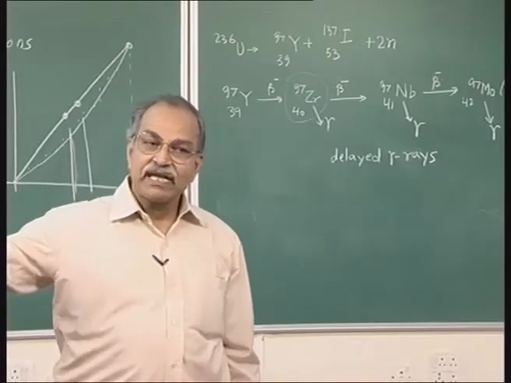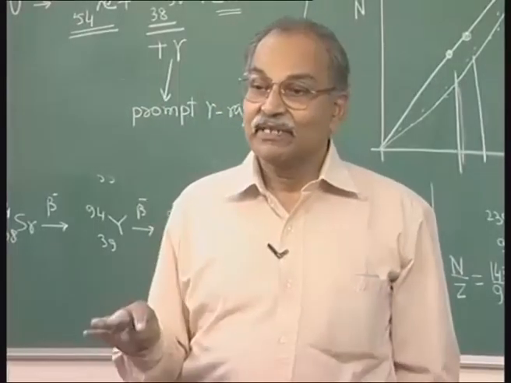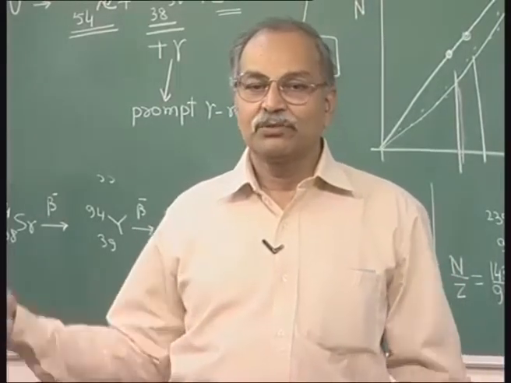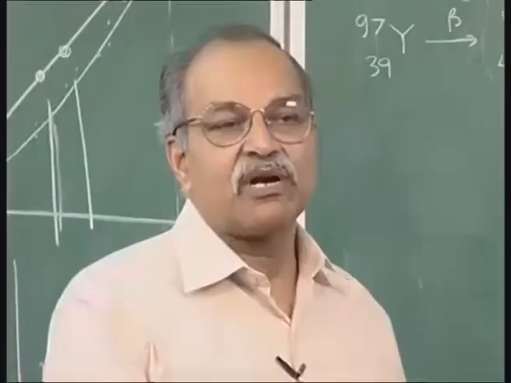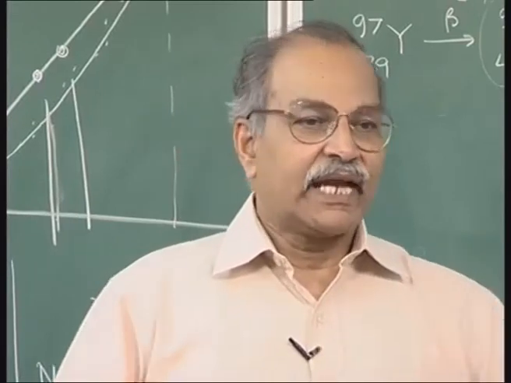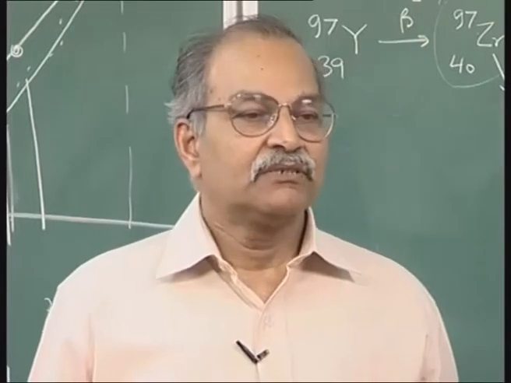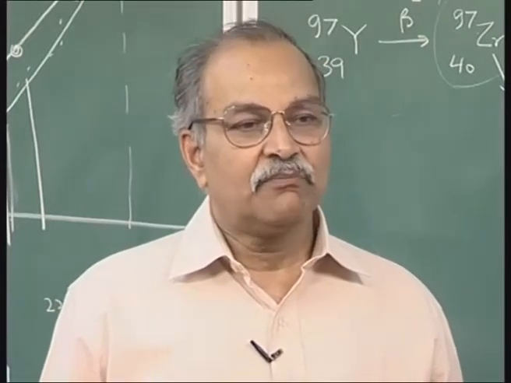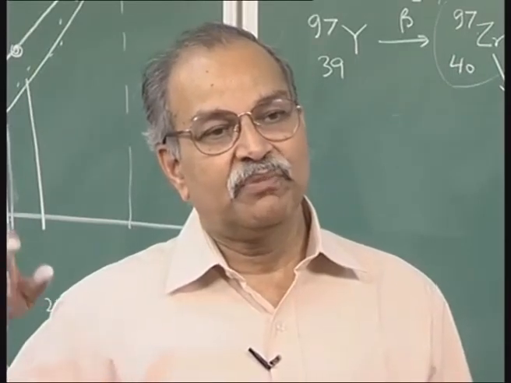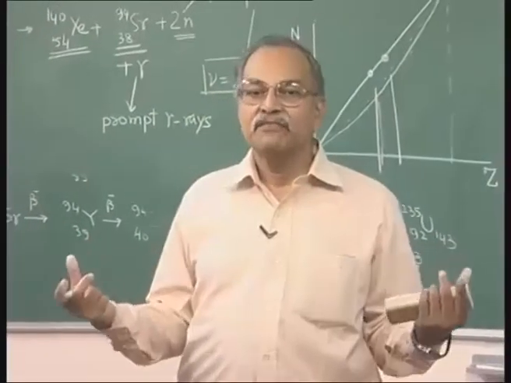So, you have prompt neutrons and delayed neutrons. Similarly, you have prompt gamma rays and delayed gamma rays. The total energy made available through this reduction of rest mass in the fission process is distributed, with the kinetic energy of the fragments taking the major part. Of about 200 MeV per fission, some 160 MeV, about 80%, is taken up by the kinetic energy of the main fragments.